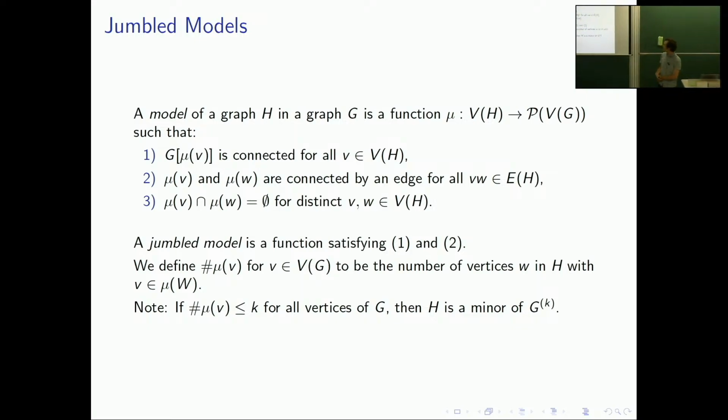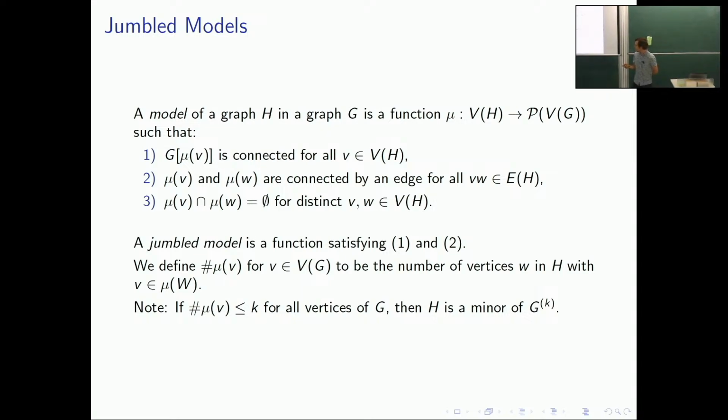So to do this, let me introduce a jumbled model of a graph. So here again is the definition of a model of a graph. A jumbled model is just a model where we forget about this condition that the bags corresponding to the vertices should be disjoint from each other.